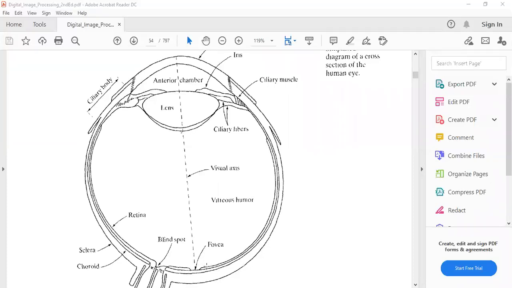Cones and rods are special cells responsible for your color vision, photopic vision and scotopic vision, and these are the receptors of light. This area will receive the light, the amount of light, and not only the light, it contains all the colors. To decide the color and everything, this fovea is responsible, and this fovea is contained in the retina.